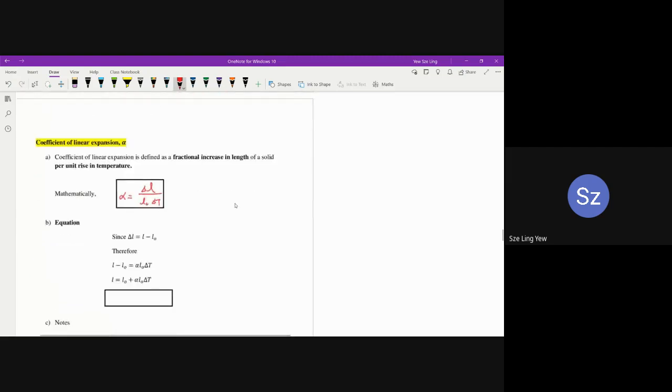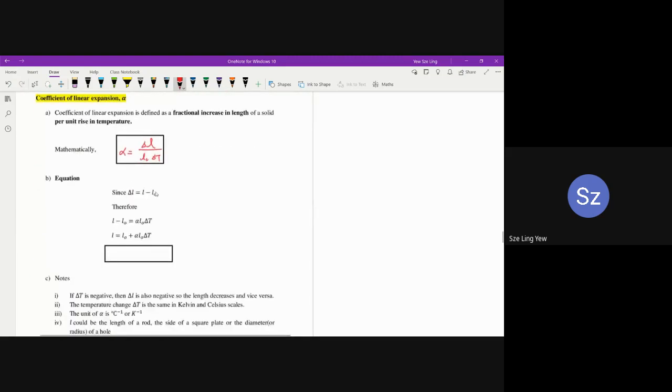Now what I want to do is expand the equation. Since delta L equals L minus L naught, if I expand the equation, I have L naught on both sides. So I move L naught to the right hand side of the equation, and then I factorize it out.